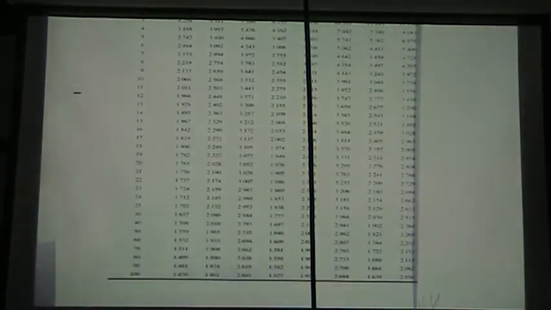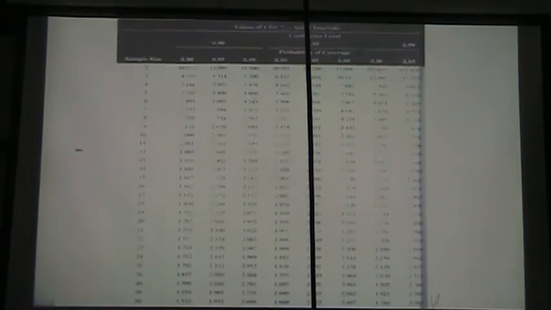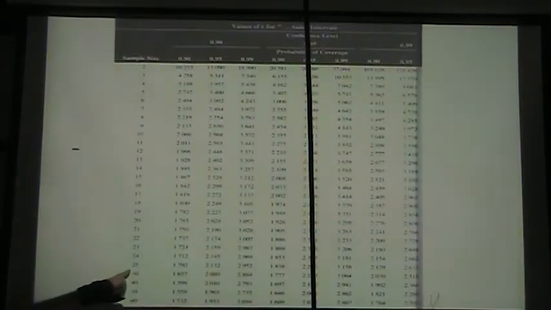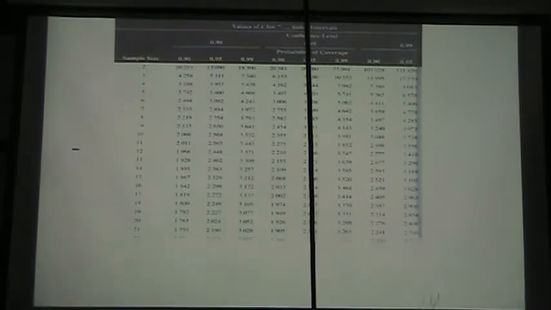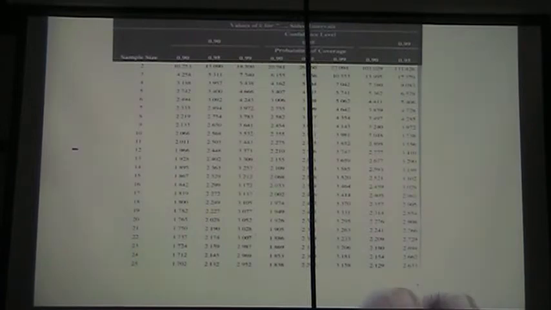I'm going to look here at the 25 row, and I've got 2.633.